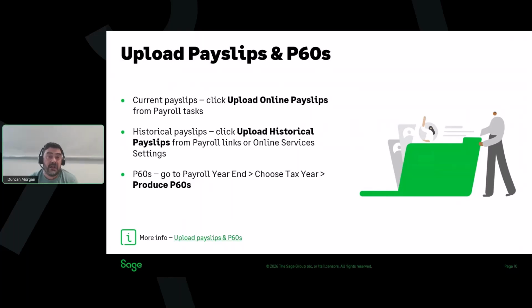But in terms of the password, you would create the password as part of your Sage account logon. It might be the same as what you log into when you actually go into the program, but it can be different. So yes, it's the password used for your Sage online account.